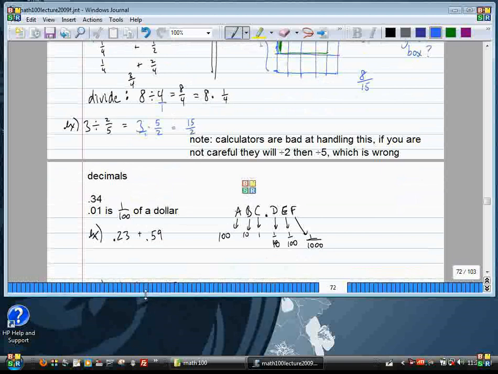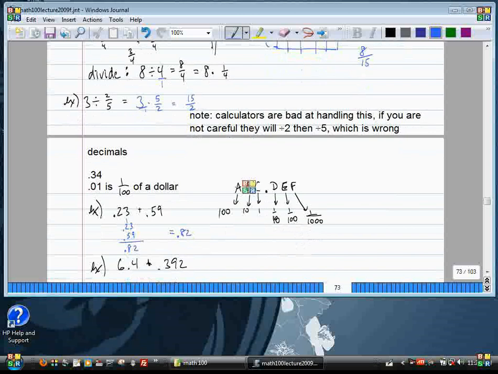Okay. So 3 and 9 gives you 2, carry the 1. That's an 8. And then where does the decimal go? Okay. So this equals 0.82. So this one was relatively straightforward.